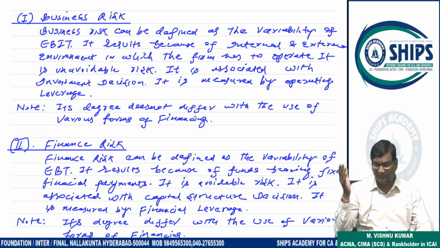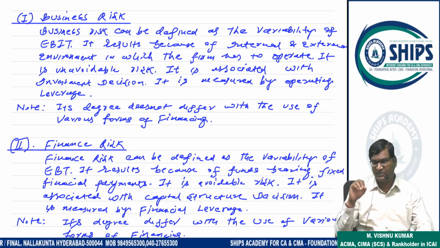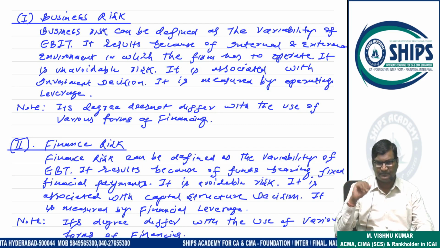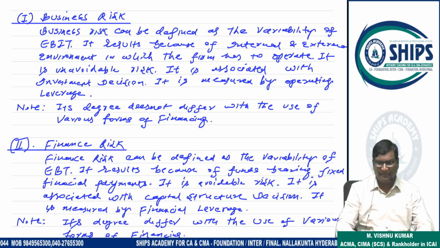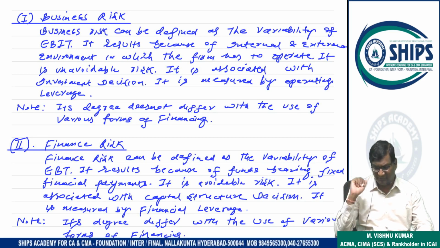And one more formula which will be used for calculating the financial leverage is percentage change in EPS by percentage change in EBIT. Suppose your financial leverage is 3 times.